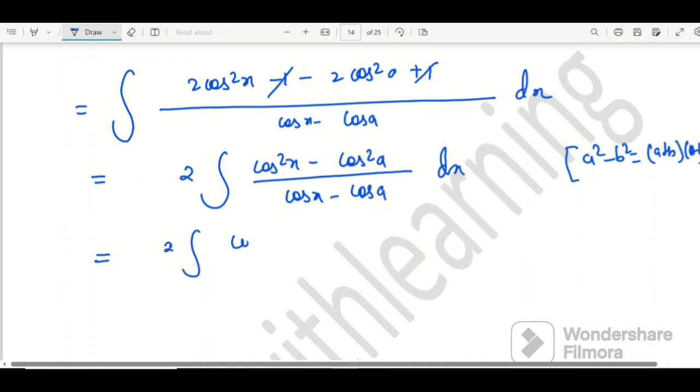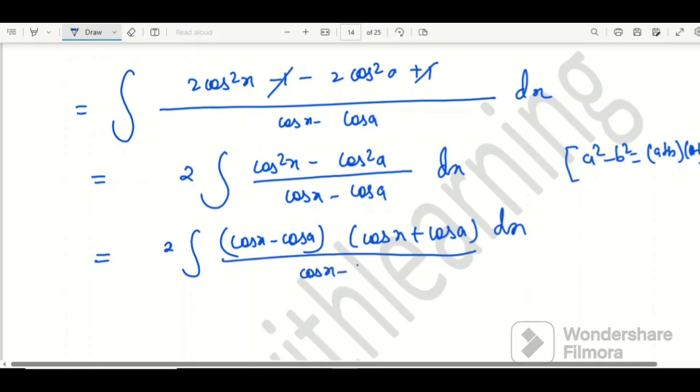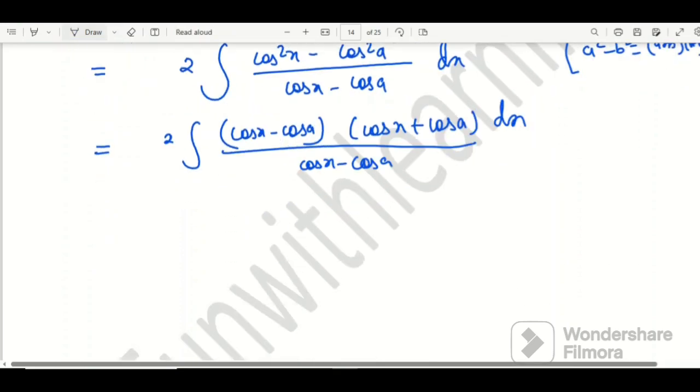So 2 into cos x minus cos a into cos x plus cos a, dx, over cos x minus cos a. Now I can cancel the same term from numerator and denominator, so we'll have 2 into cos x plus cos a dx.